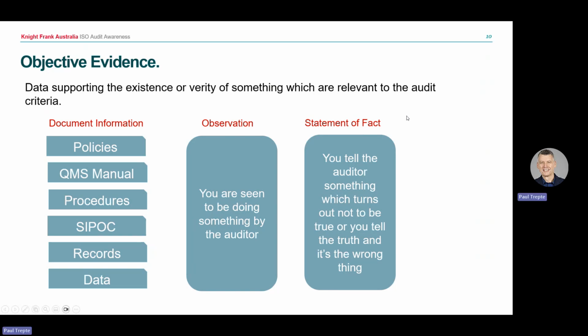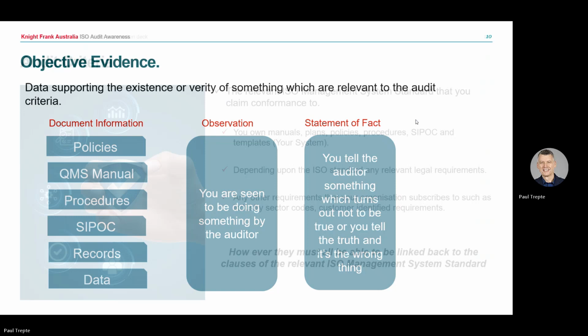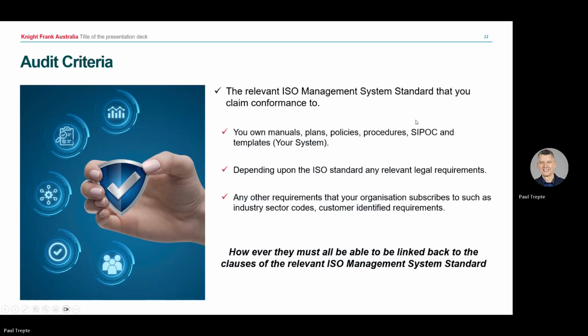Now, as we said previously, we then compare the evidence that's gathered against the audit criteria. There can be many forms of audit criteria, but usually it's the relevant ISO management system standards that you claim conformance to. The standard contains requirements that need to be achieved.